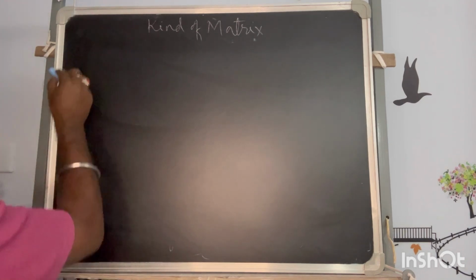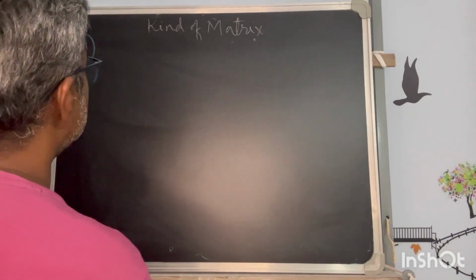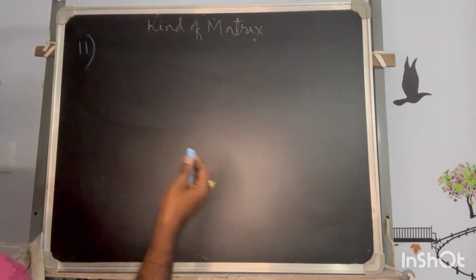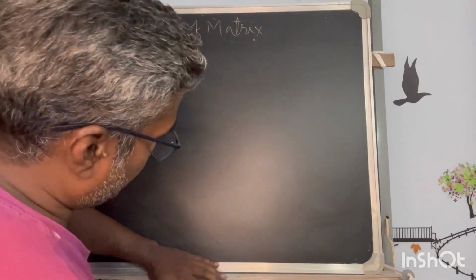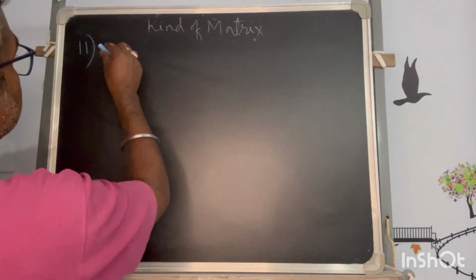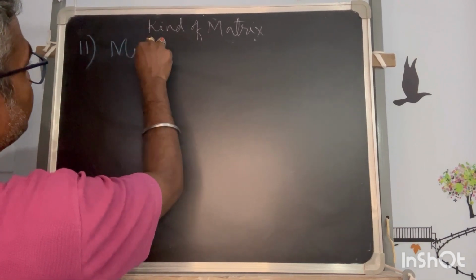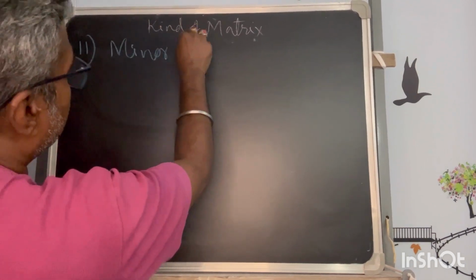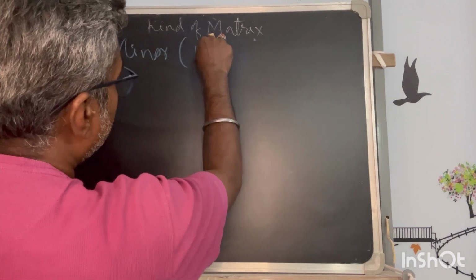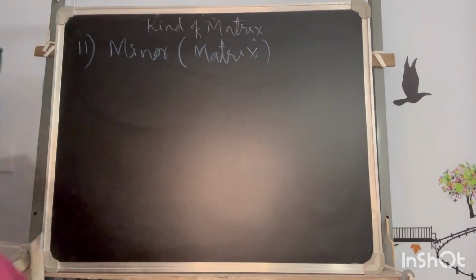Now let me take it in sequence. This is a part of a matrix, but it is also a matrix itself. This is called the minor. So a minor is definitely a kind of matrix, but it's a part of a matrix. Let me take an example.